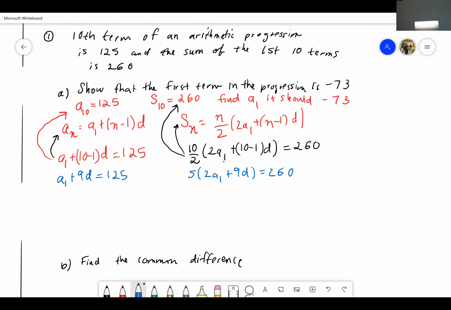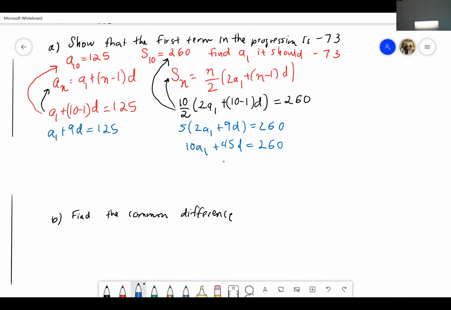And I think we should end up saying that this is 10a_1 plus 45d equals 260. So that's what we got. Make sense? Now we've got a system. We want to find negative 73, but we have a system of equations.